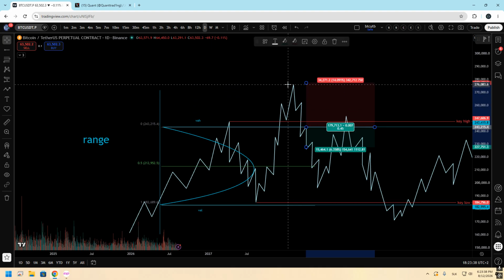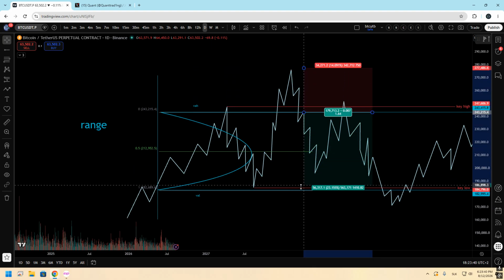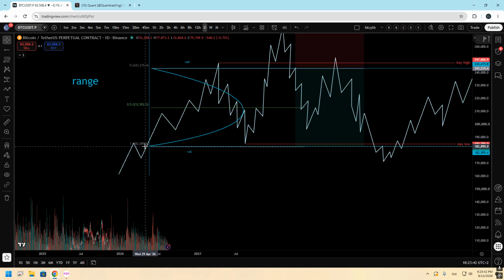You put the stop loss at the high and you target the value area low or resting liquidity below.